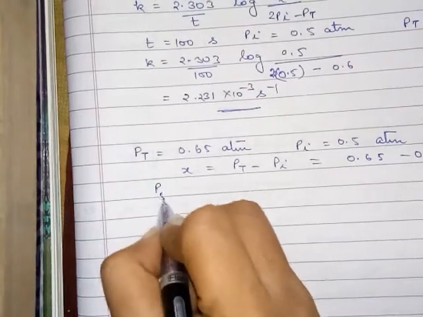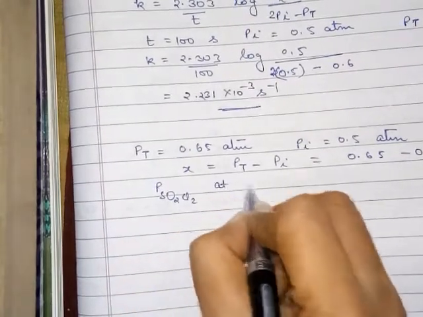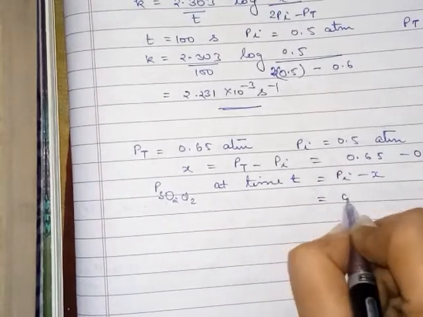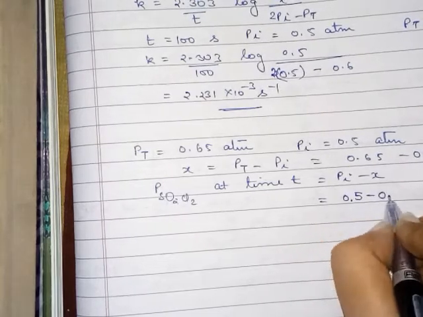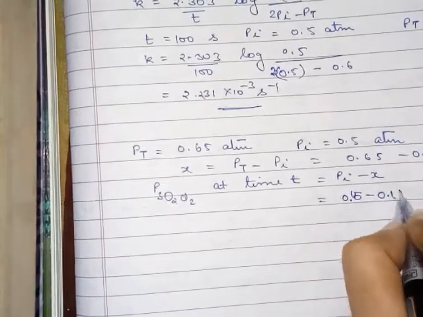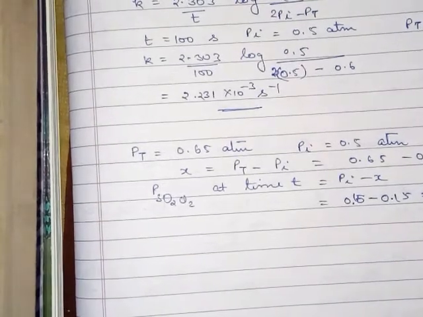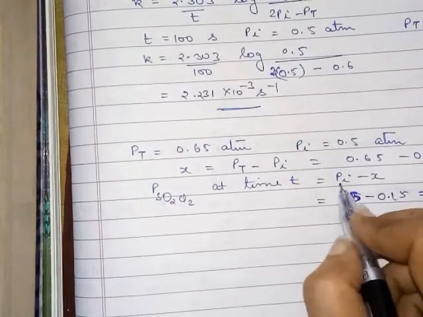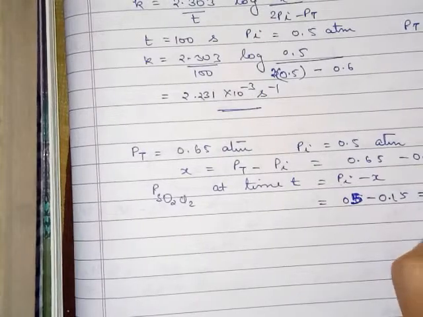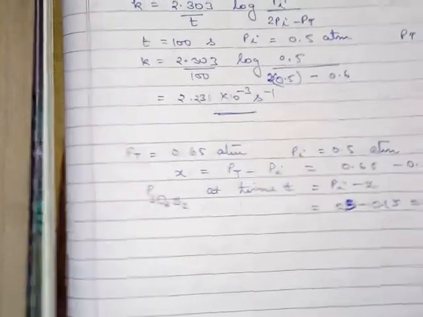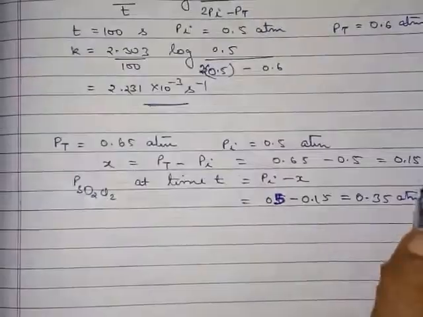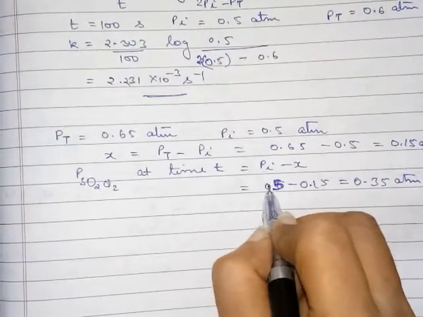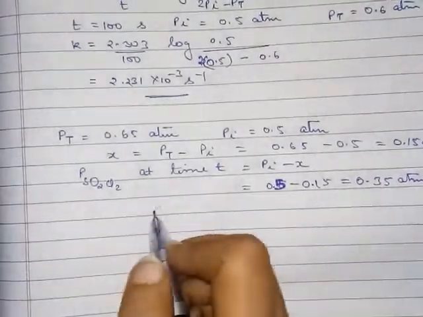So pressure of SO2Cl2 at time t is Pi minus of x, Pi तो इनिशियली 0.5 है, 0.5 minus 0.15 which is equal to 0.35 atm. This is the partial pressure of SO2Cl2.